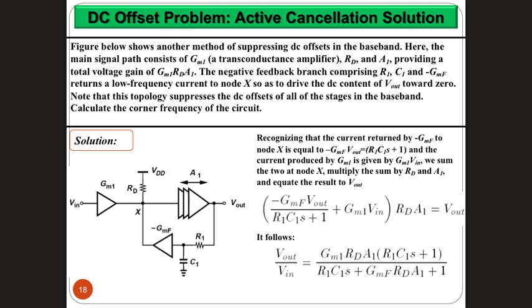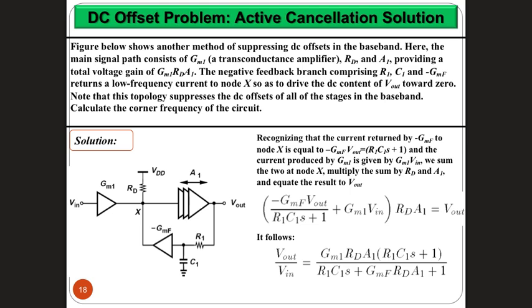Another solution, an active solution, uses feedback and different stages of amplification. Your signal is coming from here, and then you take it through this amplification path, the normal amplification path.